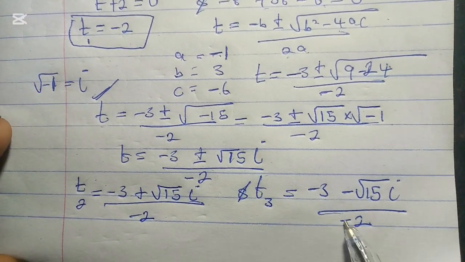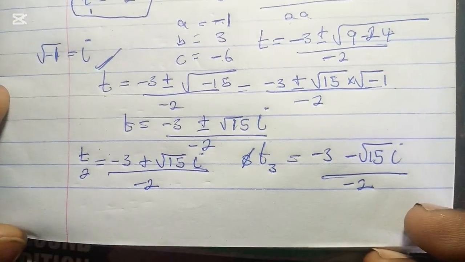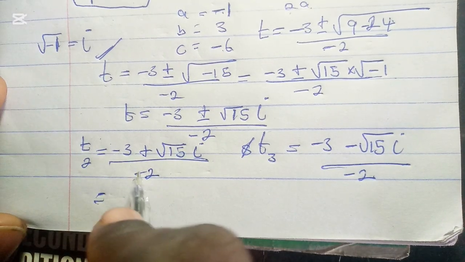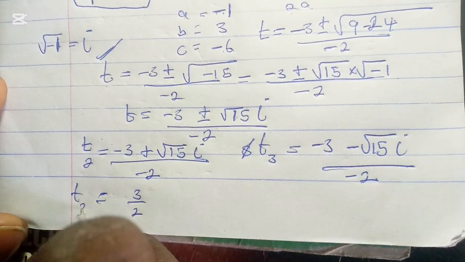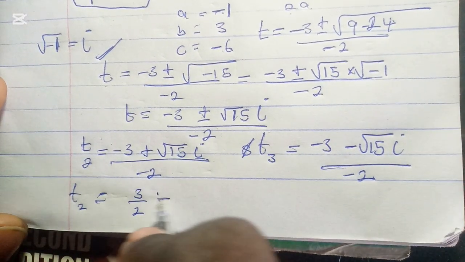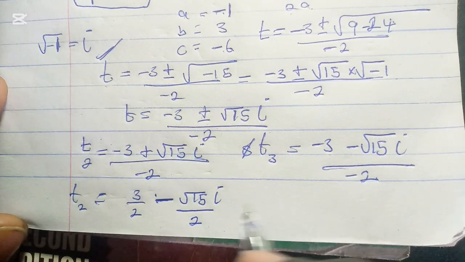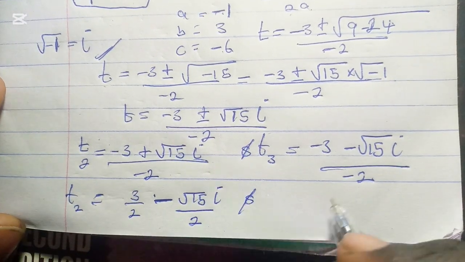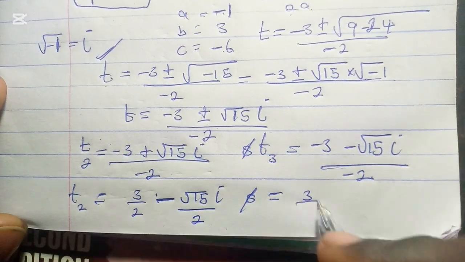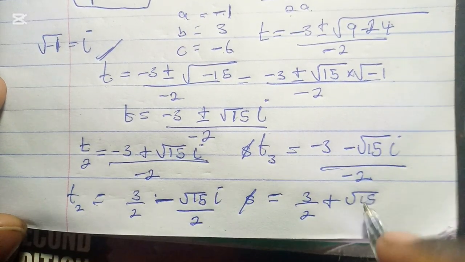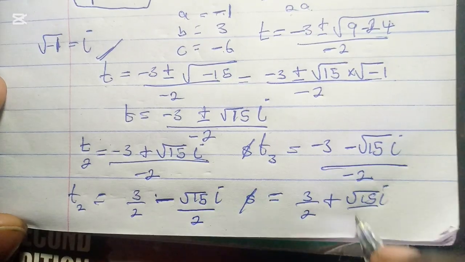And don't forget, you can cancel out the minus sign if you wish by leaving your answer in the form 3 divided by 2 minus root 15 iota divided by 2. And here you can leave your answer as 3 divided by 2 plus root 15 iota divided by 2.